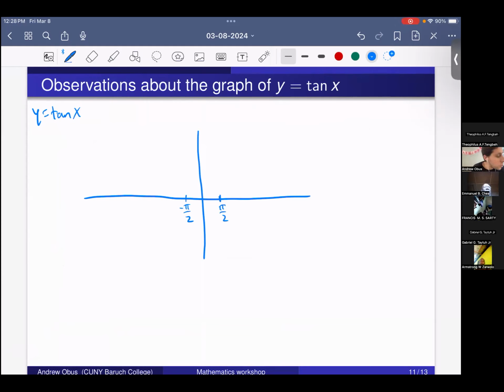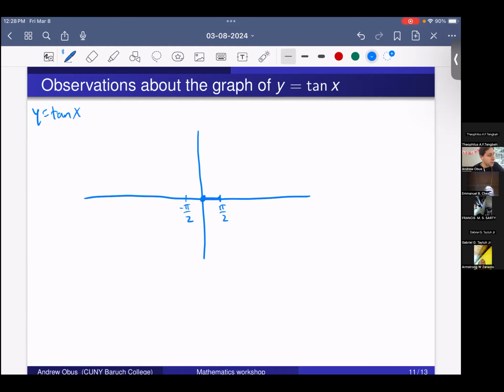So if I want to do this graph, I only have to go from 0 to pi over 2 because I know that tangent is an odd function. So whatever happens here from 0 to pi over 2, the opposite is going to happen between 0 and minus pi over 2. I'm just going to get its negative because it's an odd function.